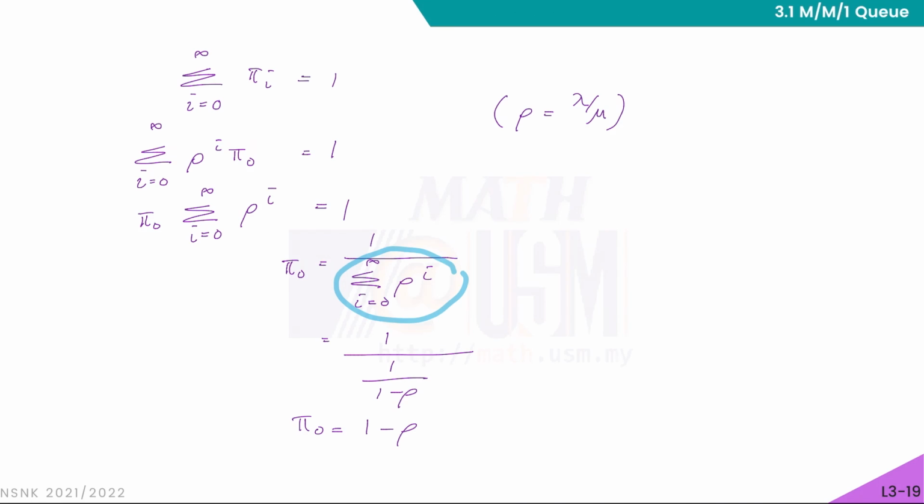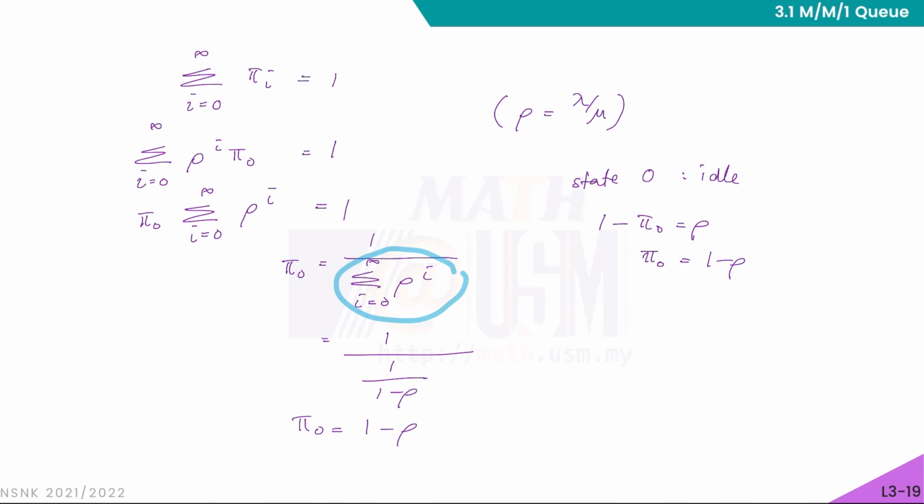The server is only idle at state 0. Hence you can calculate pi naught by considering the proportion of time the server is busy, the same as your lecture notes. So you get straight away 1 minus pi naught equals rho, which gives pi naught equals 1 minus rho.